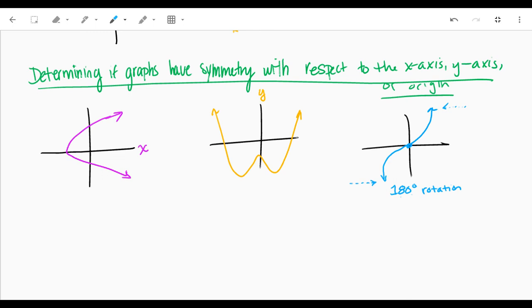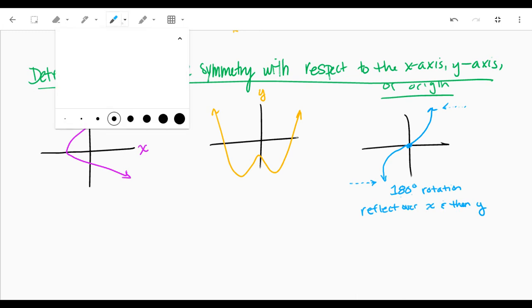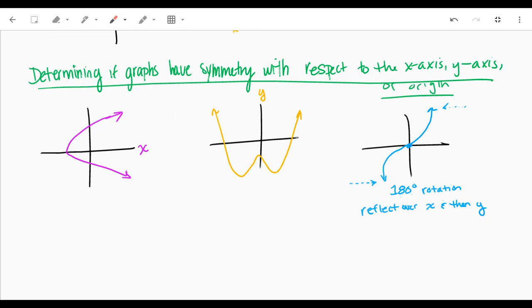Okay, you can also think about it as if I can reflect it over x and then y, and you end up with the same graph. So if I were to reflect this one, or y and then x, it doesn't really matter. But if I were to take this one and first reflect it over the x-axis, it would look like that.